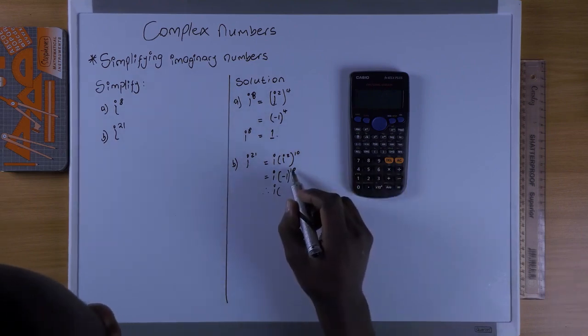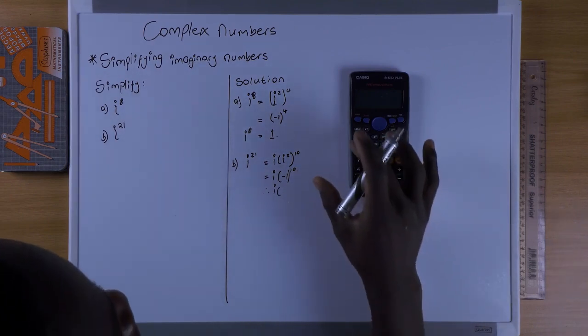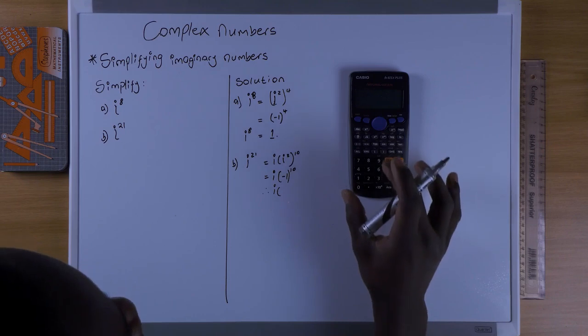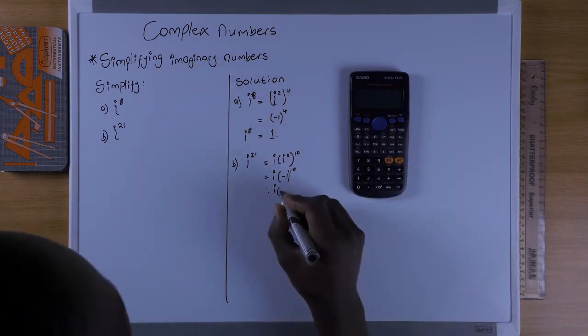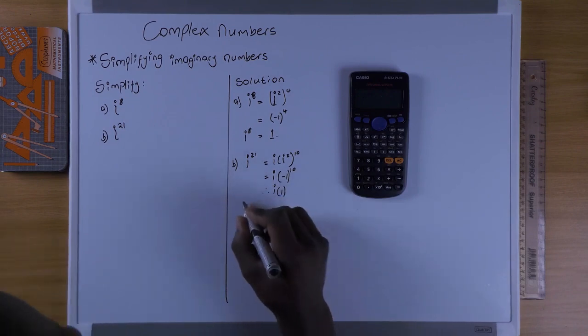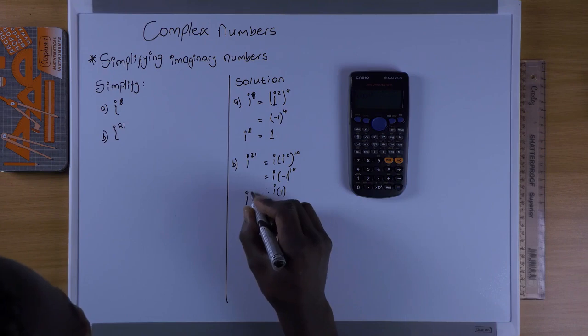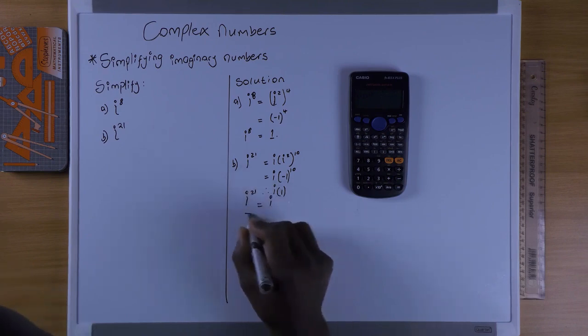Why? Because it's to the power of an even number. But let's prove that. (-1), close bracket, to the power of 10 is equal to 1. So this whole part is equal to 1. Your final answer is therefore i to the power of 21 is equal to i. End of the story.